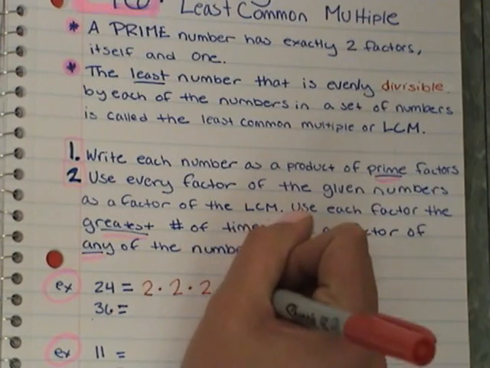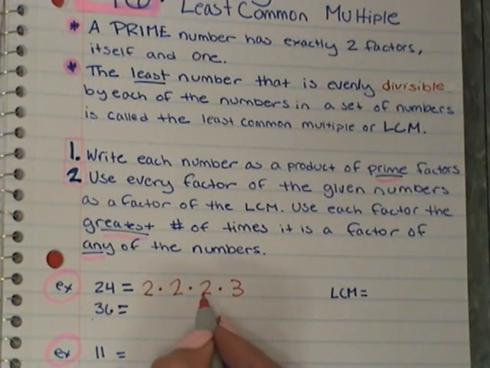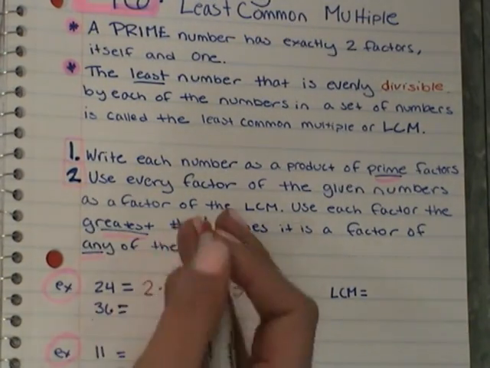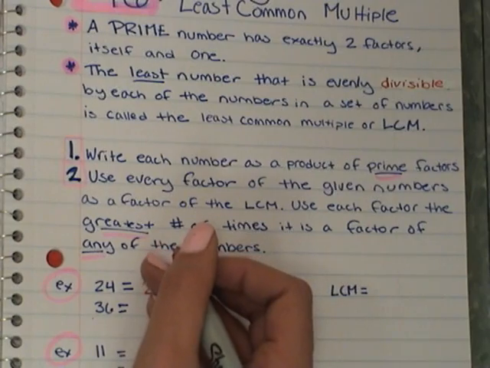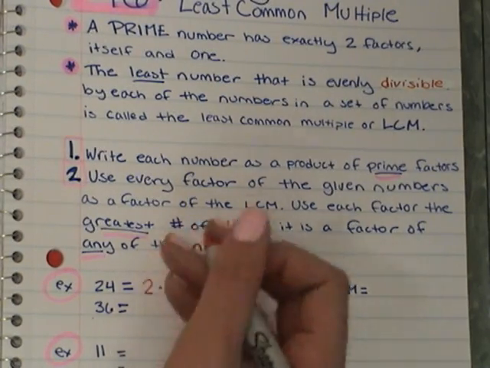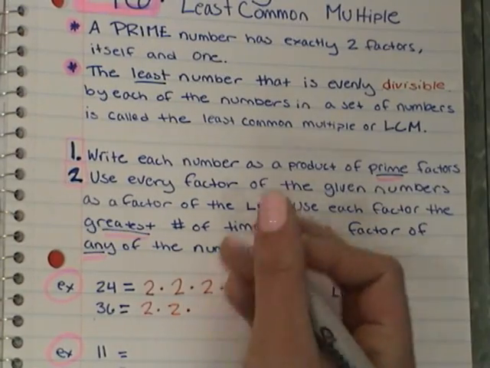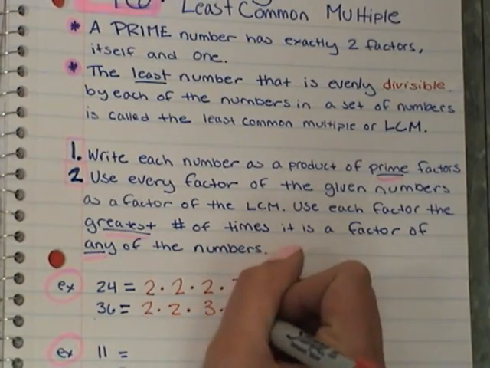So 2 and 3. 3 times 2 is 6, times 2 is 12, times 2 is 24. So these are all prime numbers, and when you multiply them together, they equal 24. When I do it for 36, I could do, let's see, 9 times 4. 4 is really 2 times 2, and 9 is really 3 times 3.